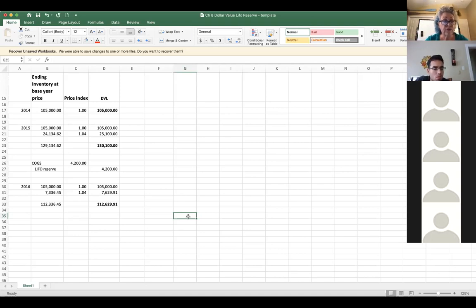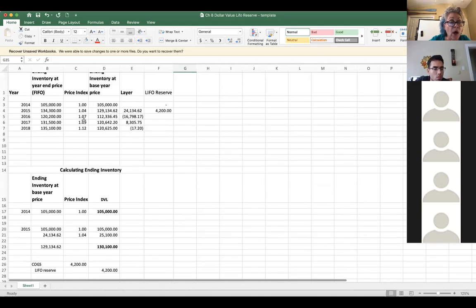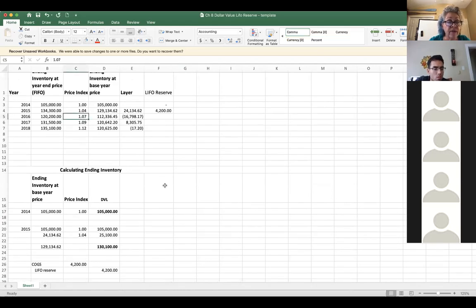All of the inventory that I bought at a 107 index, I sold it. I sold everything that I bought in 2016, plus some from 2015. So in 2016, I sold everything I bought, plus I sold 16,798.17 from 2015.